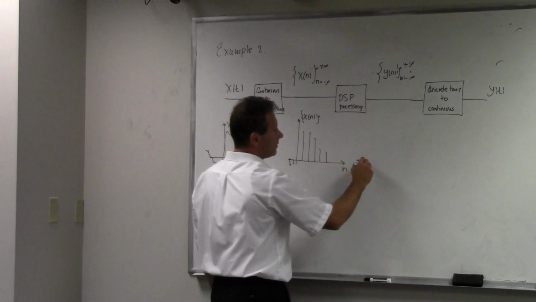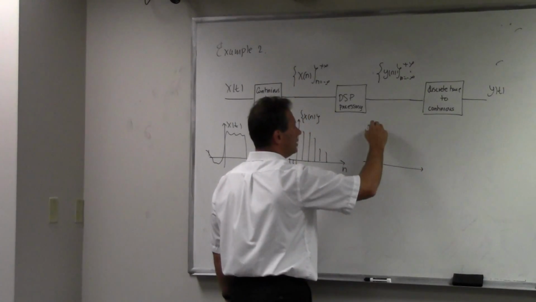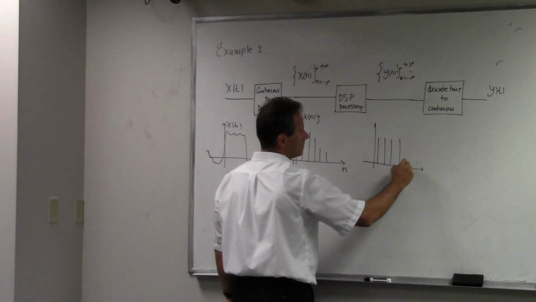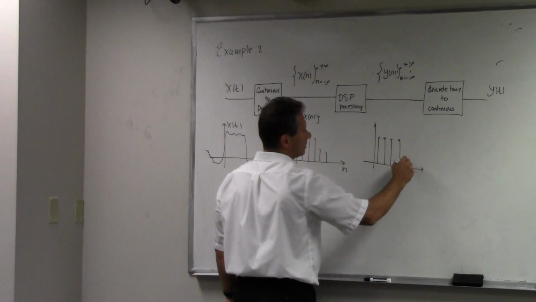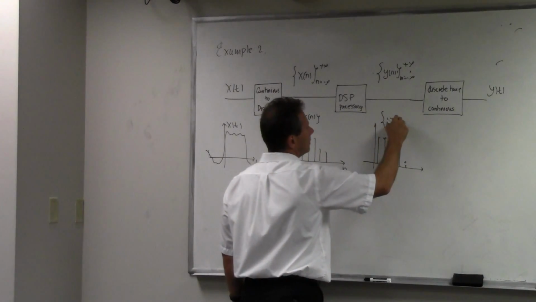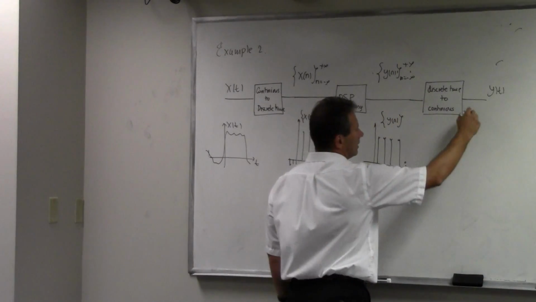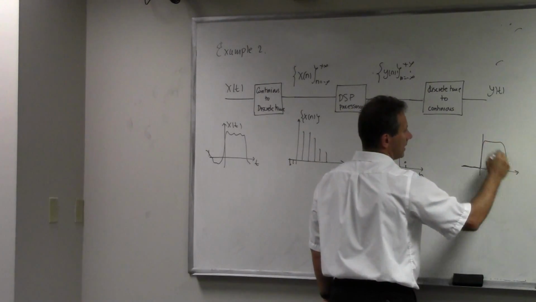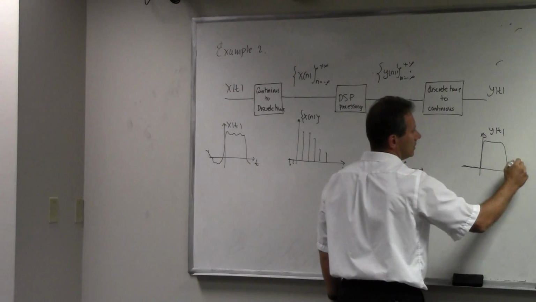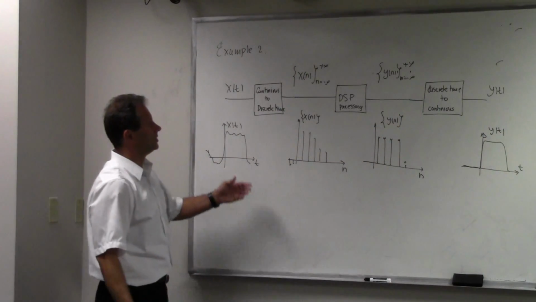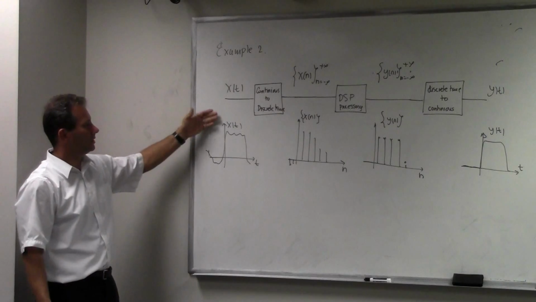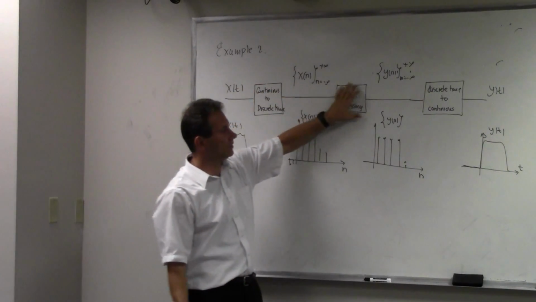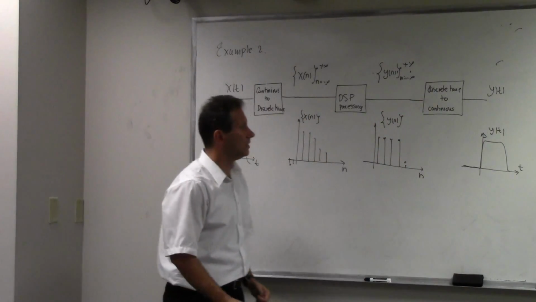I perform whatever the processing is doing, but let's say it produces something like this. This is my signal y of n. And at the very end, I get my pulse back, y of t. This is, for example, how a regenerative circuit might work, to clean up the noise. Let's say this is a noisy pulse. I sample it, I do some filtering on it, and I reconstruct the noise-free pulse.